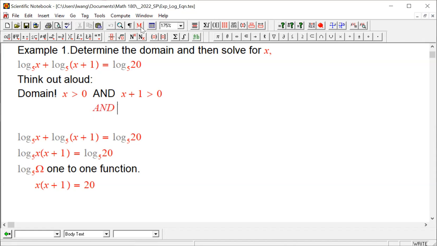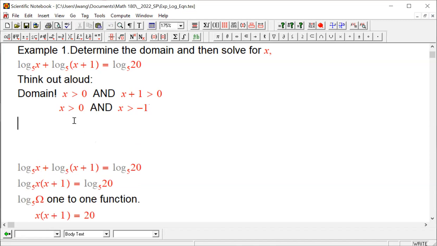Then we just solve x plus 1 is larger than 0, so x is larger than -1. So x is larger than 0 and x is larger than -1. What's the consequence of combining these two?